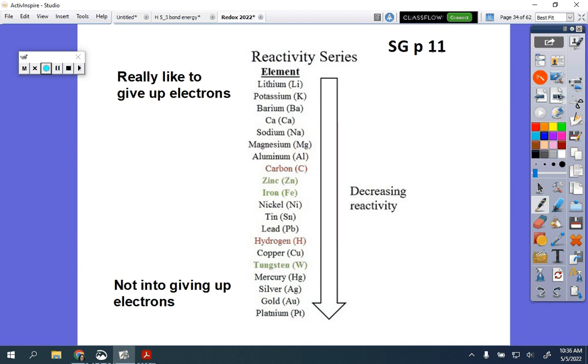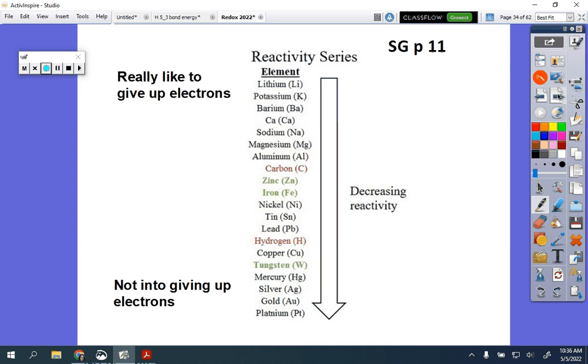Okay, so the reactivity series or the activity series generally follows the trends in reactivity on the periodic table. Not completely, because there are some complicating factors. You can look it up online. It's one of those tables that exists online. You can look it up in your data booklet.